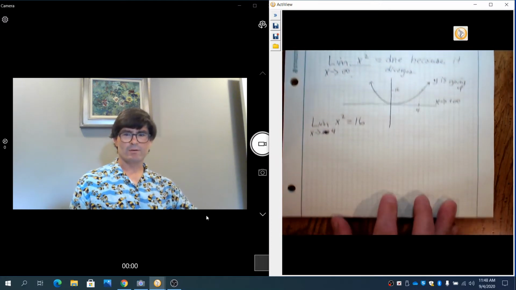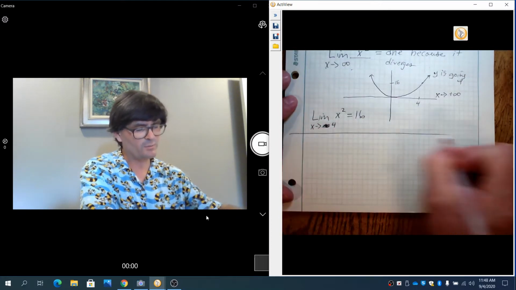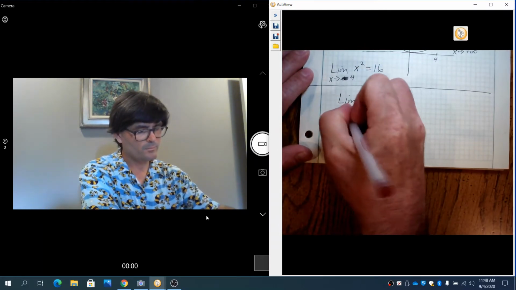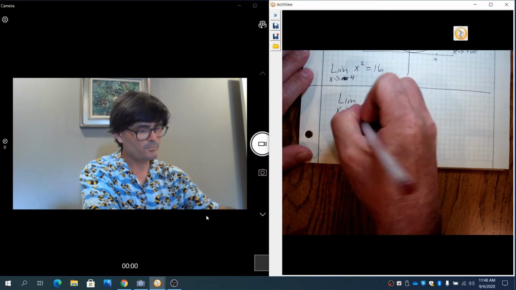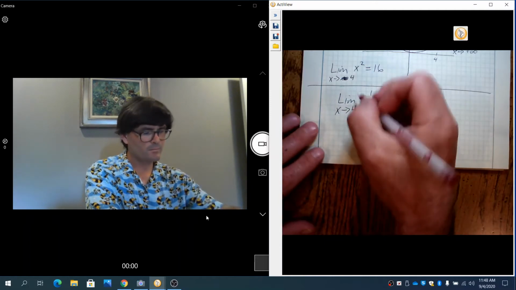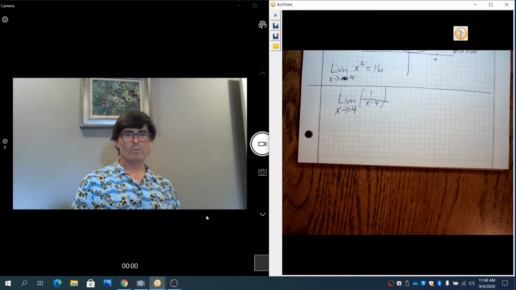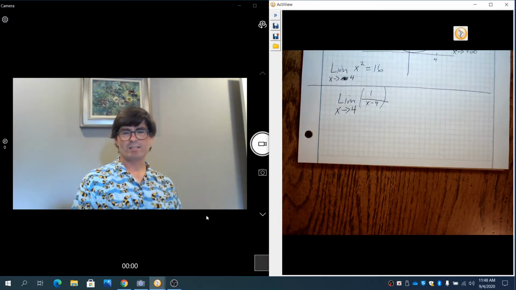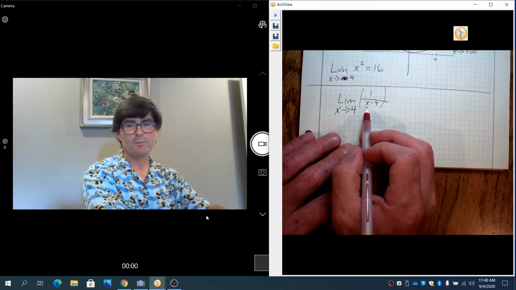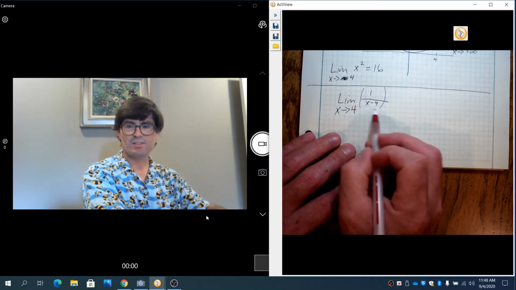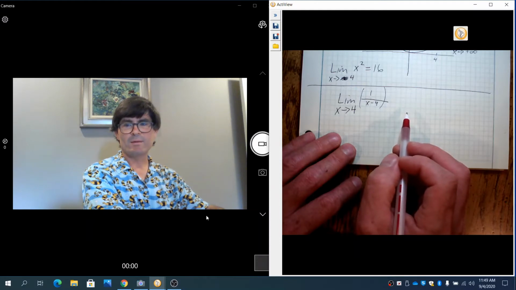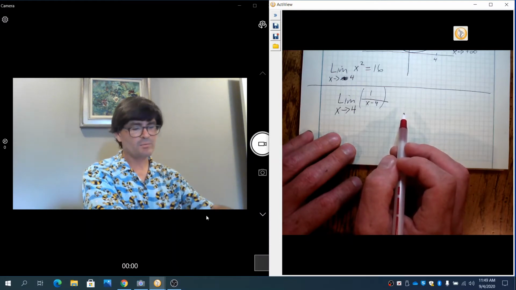Let's try another diverging situation. x approaches 4 for the function 1 over x minus 4. As x gets really close to 4, say 4.001 minus 4, the bottom gets really small, and the fraction gets really large.